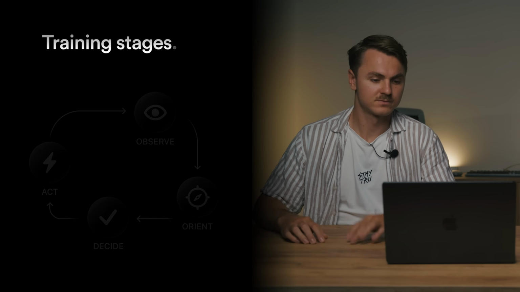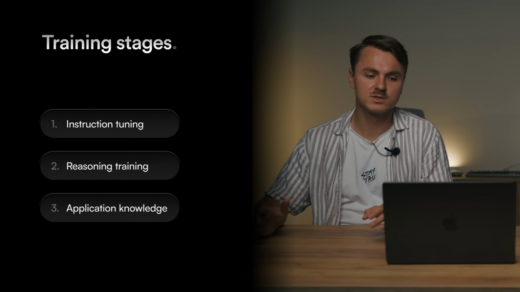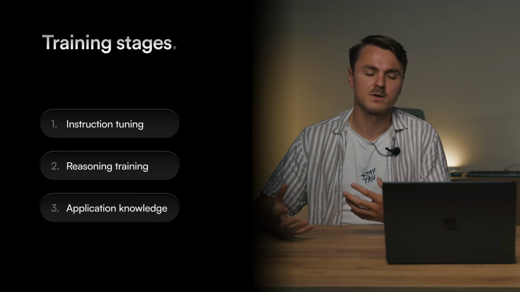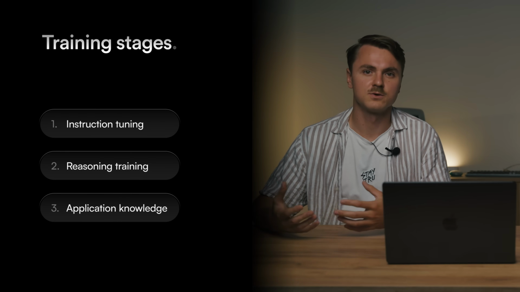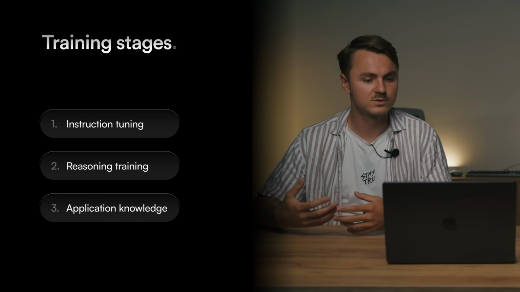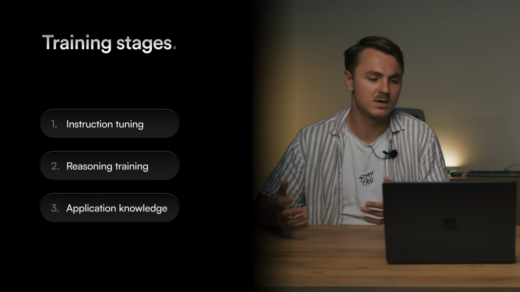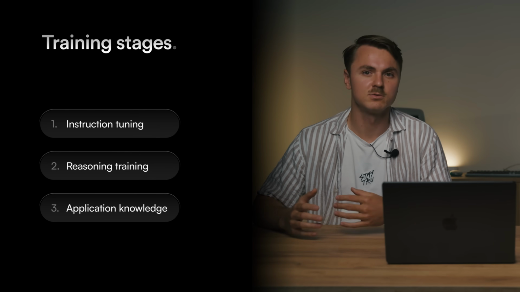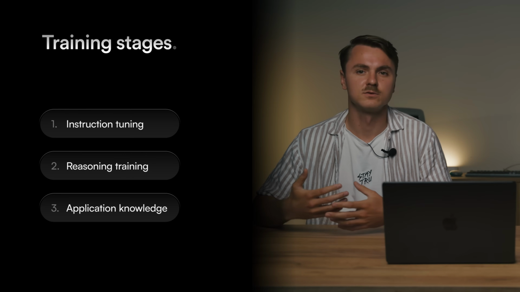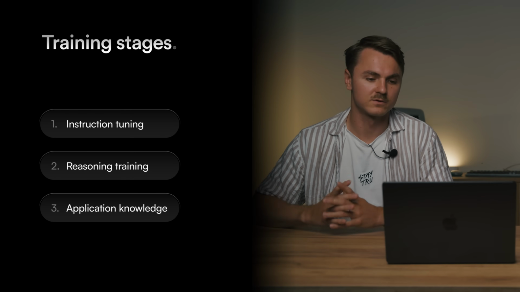The third step of our training stages is to insert some kind of application knowledge so that the model knows how to use a certain software like Google Presentation or SAP or anything else, and then is able to build certain business processes and create value.